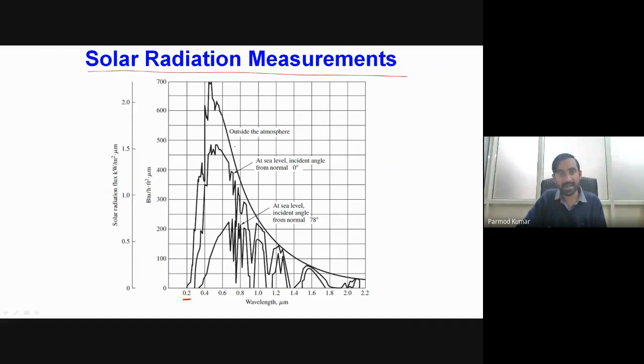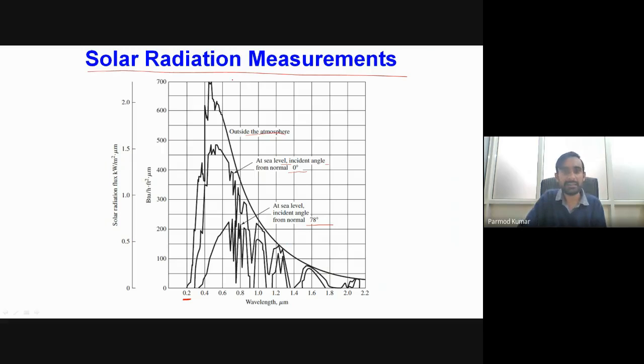Okay, so I have plotted here three different curves which show the variation of the radiative flux as a function of wavelength. The very first curve is taken outside the atmosphere, another is taken at sea level when the incident angle of the radiation is 0 degree from normal, and the third curve is shown when we are again measuring at sea level, but the incident angle is 78 degree from the normal.